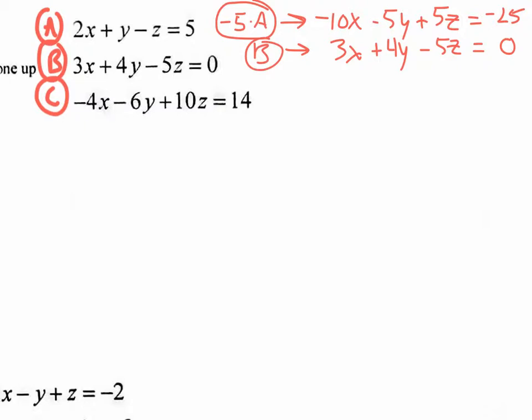Ladies and gentlemen, this is now ready to combine and cancel, and you wanted to cancel out the z's. That's why we manipulated one equation, to cancel out the z's. My new equation will be negative 7x minus 1y, or just minus y, equals negative 25.